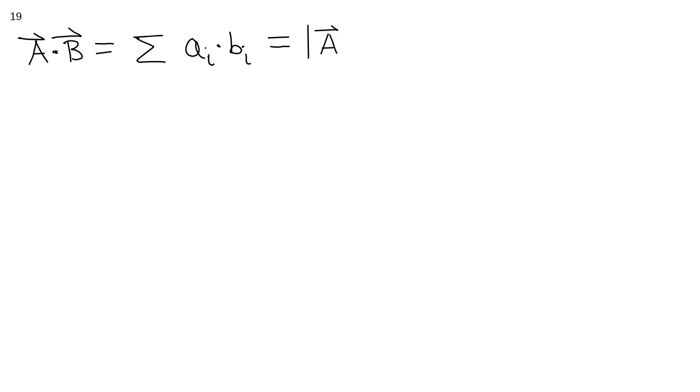This is 19 that we're working on. Before we get into the details of the problem, let's talk about our approach. So we know that the dot product of two vectors is you can add up the multiplied components, and you can also do the length times the other length times cosine of the angle.